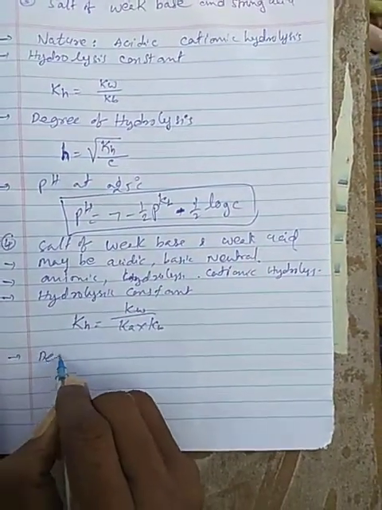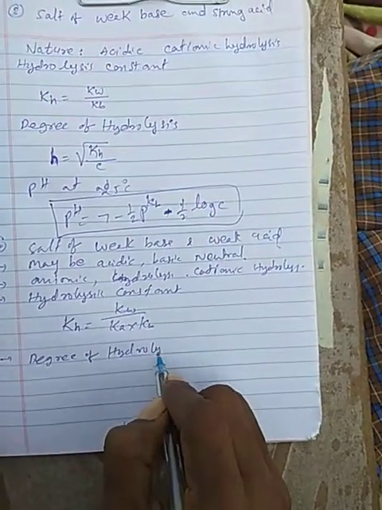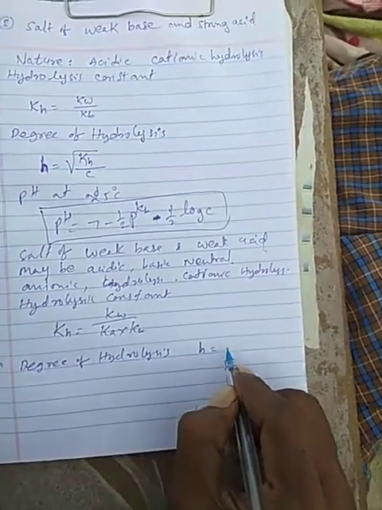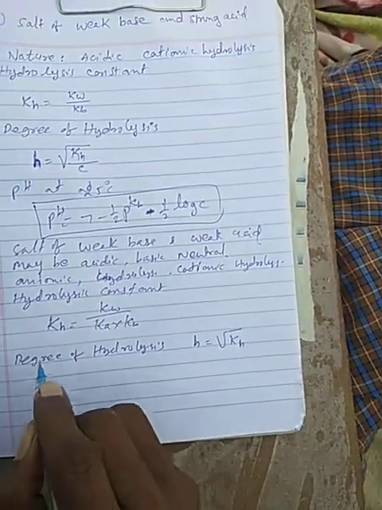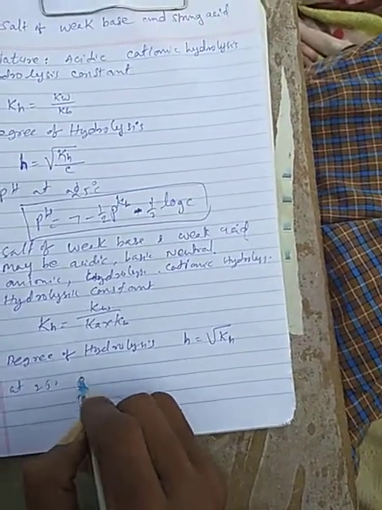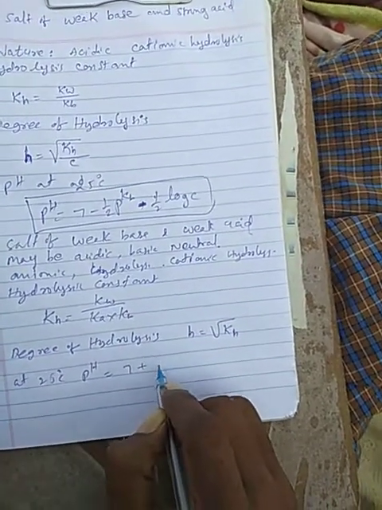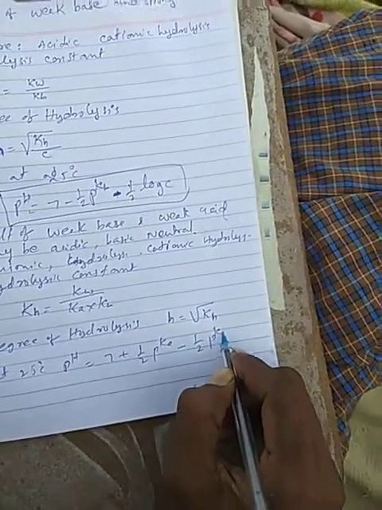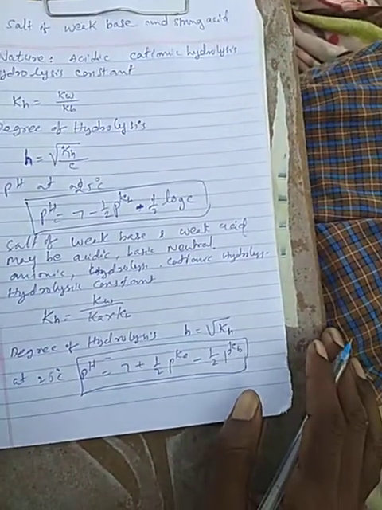Now we can write the degree of hydrolysis h is equal to square root of KH. Now your formula at 25 degrees: pH is equal to 7 plus 1 by 2 pKa minus 1 by 2 pKb. This is the formula for the hydrolysis of weak acid and weak base.